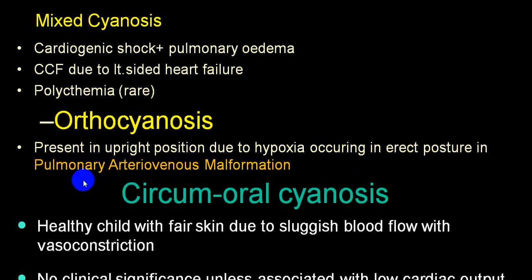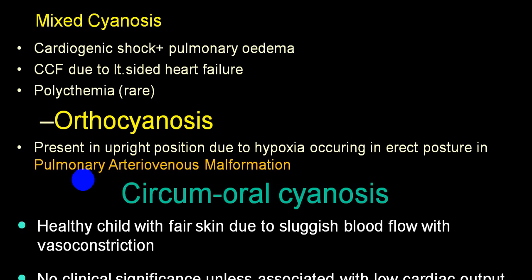Now to explain you that, during an erect posture the AV malformations are open, there is a shunting which is taking place at that AV malformation, and that gives rise to cyanosis, and this is called orthodeoxia.